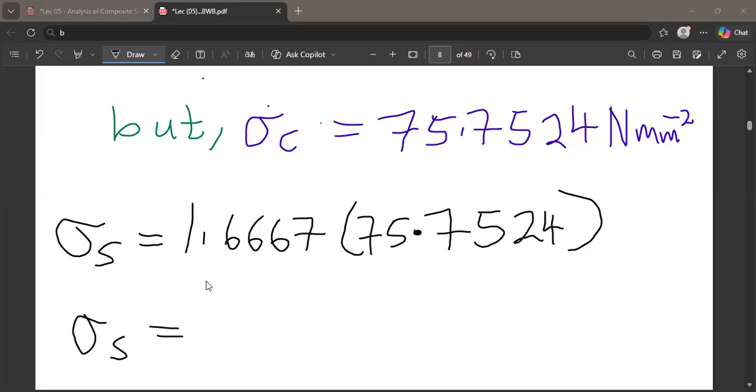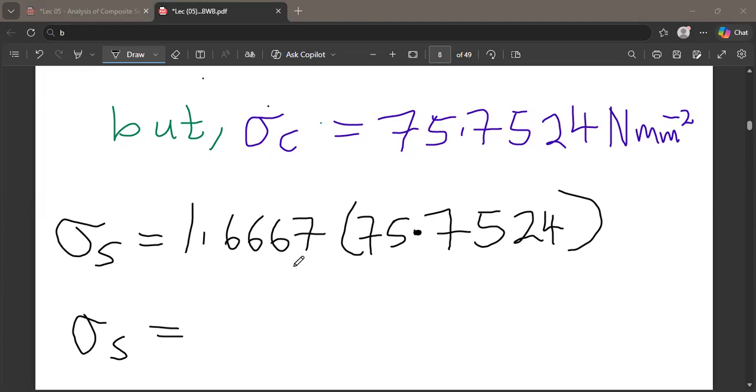So that is 1.6667 times 75.7524, equal to 126.